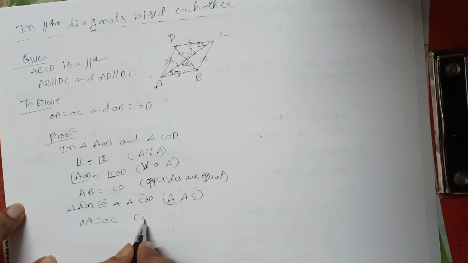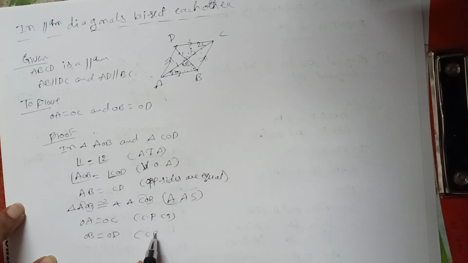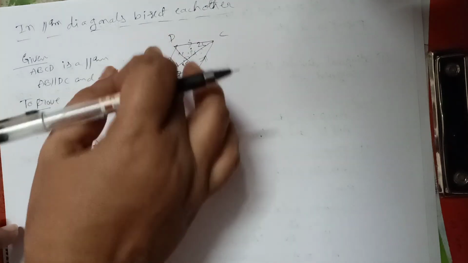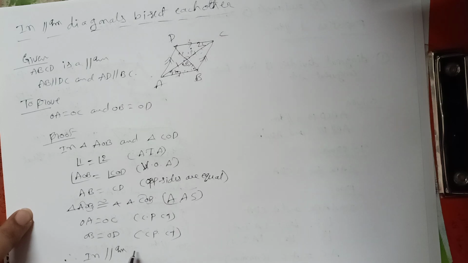The same way, OB is equal to OD, corresponding parts of congruent triangles. OA equal to OC, OB is equal to OD means the diagonals are bisecting. Therefore, in parallelogram, diagonals bisect each other.